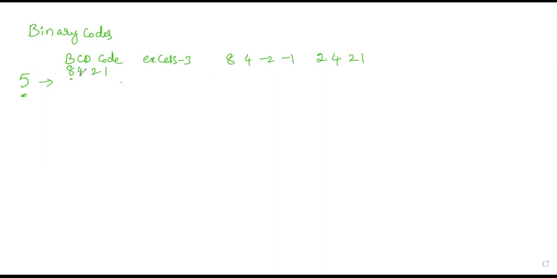These are the weights: 8, 4, 2, 1. Make the sum of the weights equal to this digit. If you add 4 plus 1, you will get 5. So wherever the weights are used, keep 1, and the remaining 0. This is 5.